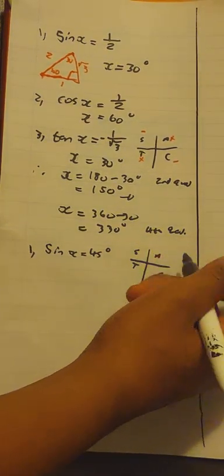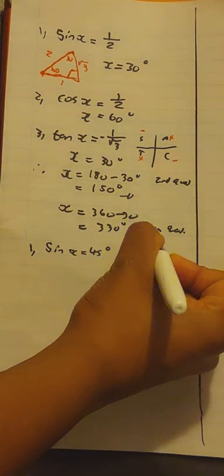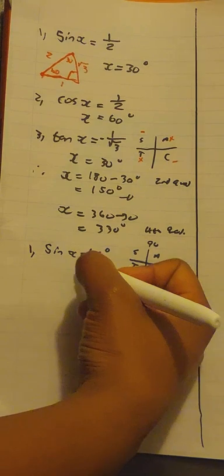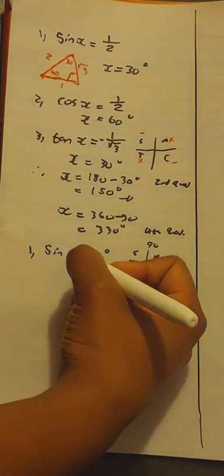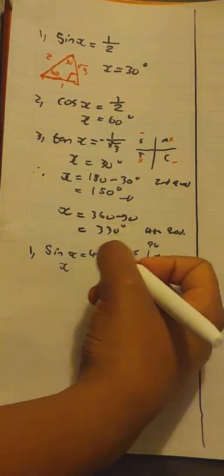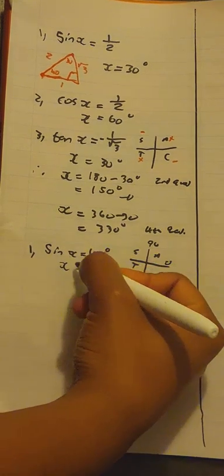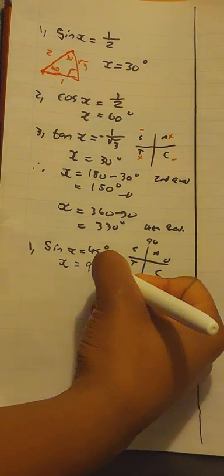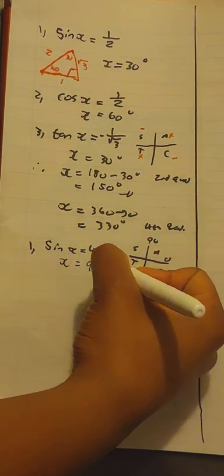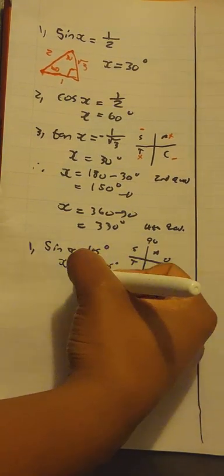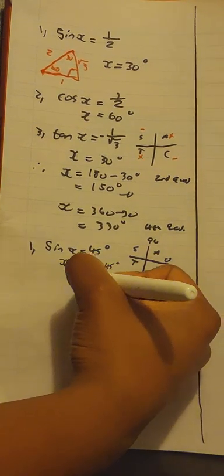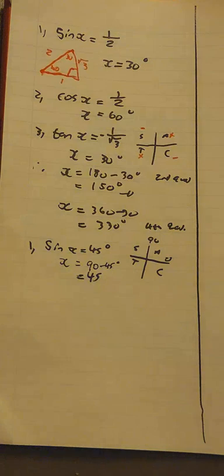It's here between 0 and 90. So sine x is equal to 90 minus 45 degrees. 90 minus 45 is 45. And then when you get 45, that's when you go to your triangle.